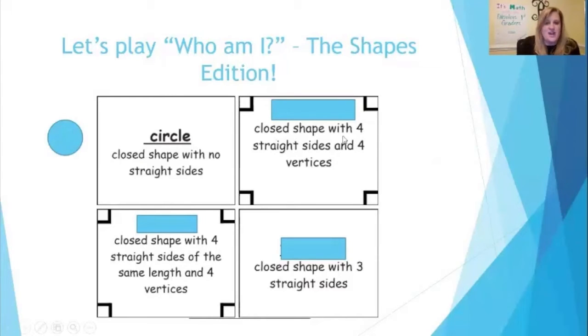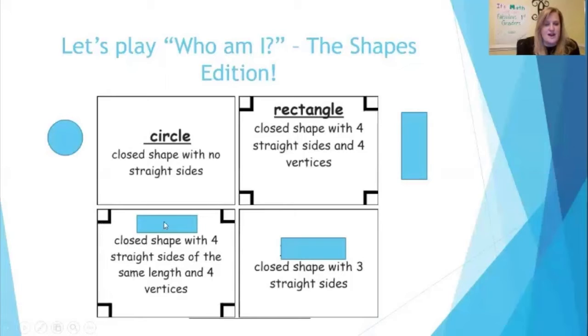The next clue. A closed shape with 4 straight sides and 4 vertices. And you even notice in the corners there are what types of angles? Right angles. Let's see. Did you say a rectangle? Great job. The third clue says a closed shape with 4 straight sides of the same length and 4 vertices.